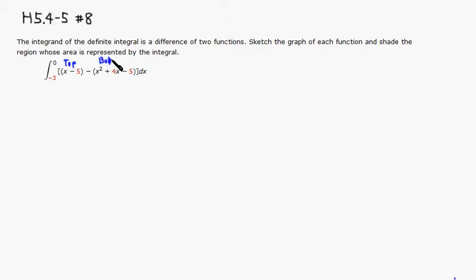Bottom guy. So the top guy is just a straight line, y equals x minus 5.